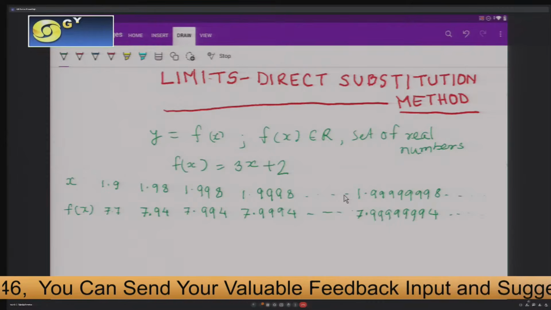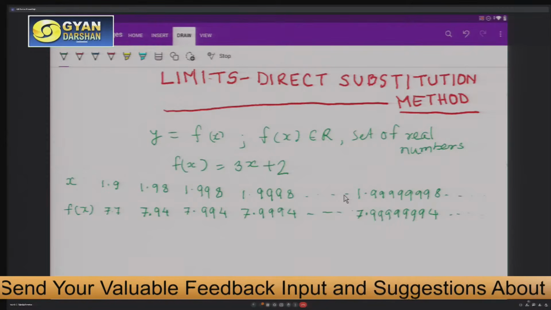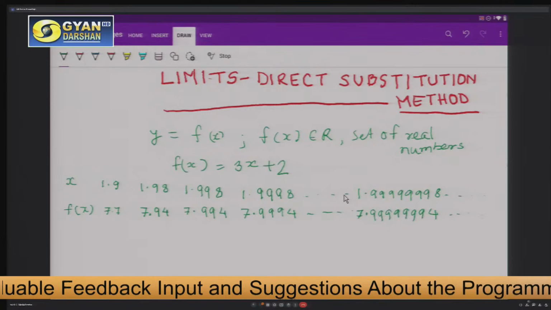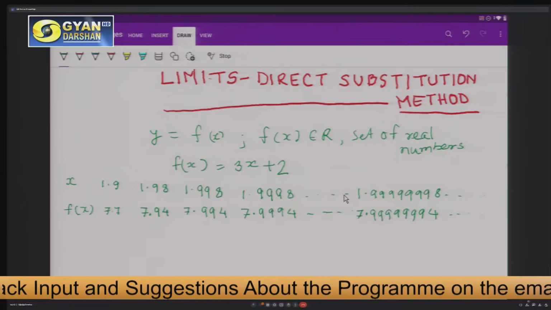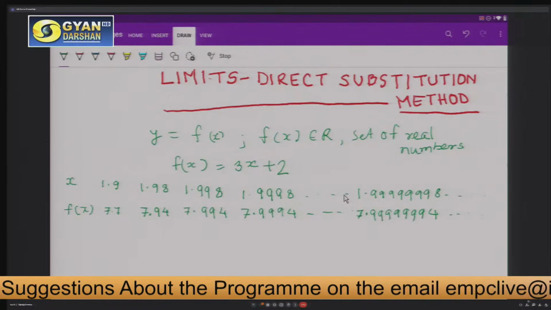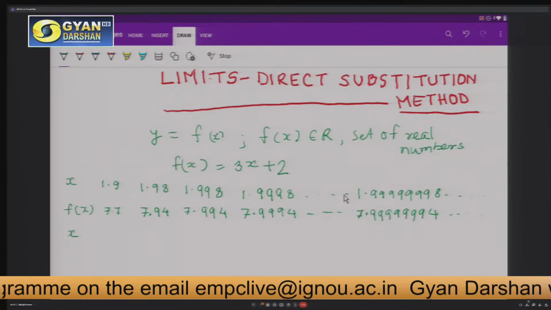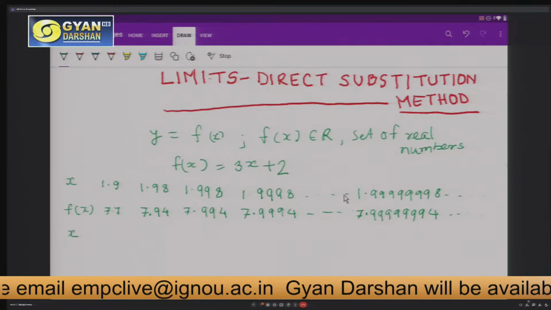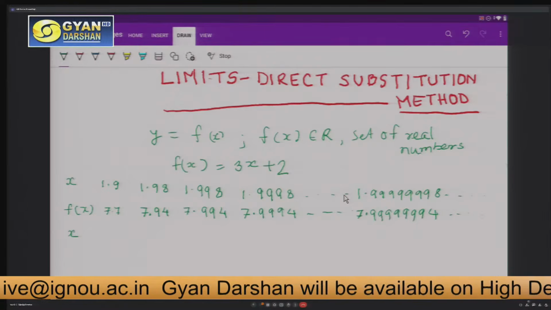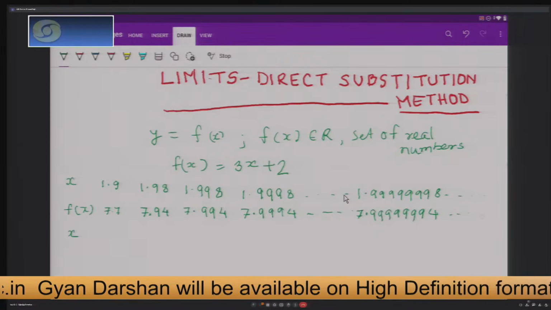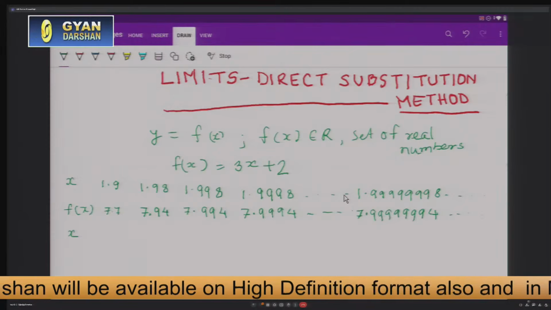Left side, you remember the real number line, means less than 2. Now let us take the right side, that is x greater than 2.